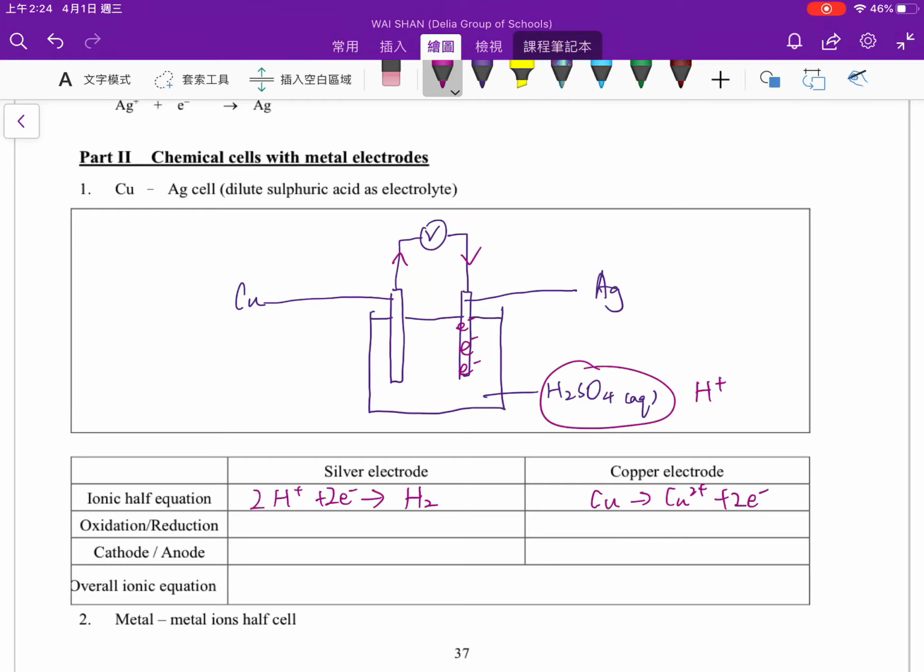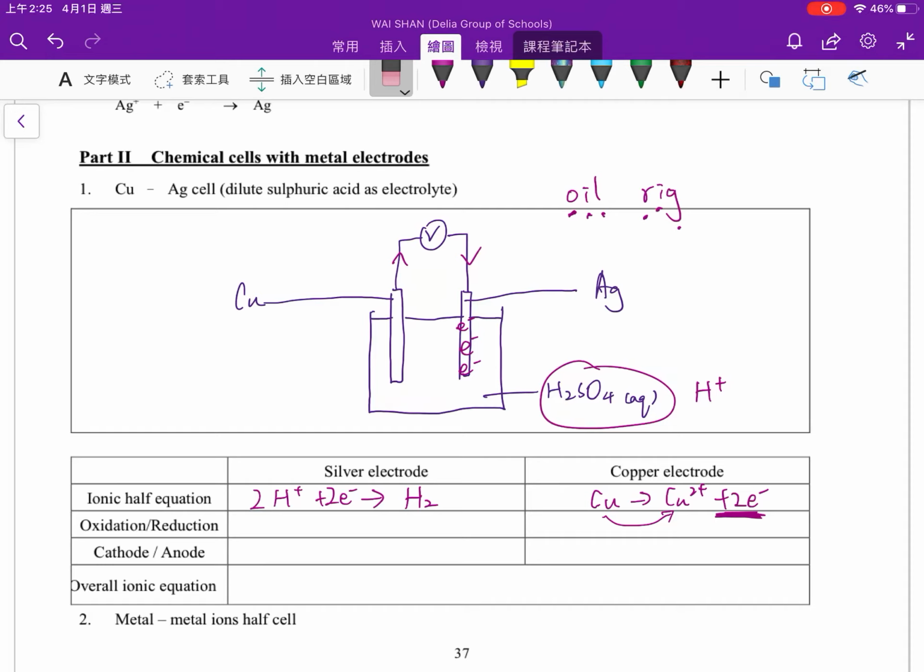So hydrogen ion will be attracted and gain electrons, becoming hydrogen gas. So let's see what kind of reaction is taking place on the copper electrode. It's giving out electrons. And do you still remember, when electrons are being given out, is it oxidation or reduction? If you forget, I remind you again: OIL RIG. Oxidation is losing electrons, reduction is gaining electrons. So here copper is losing electrons, copper is turning to copper 2 plus and 2 electrons.